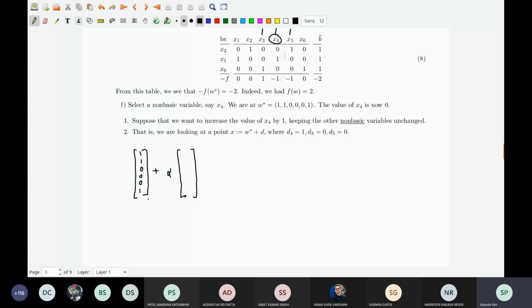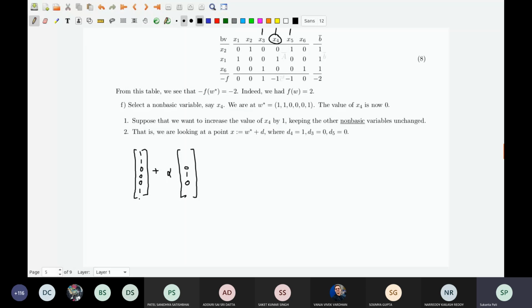What kind of a direction? Since I have targeted the non-basic variable x4, that is the place 4, I am searching for a direction which will keep x4 as 1, and the other non-basic variables 0 as such: x3 0, x5 0.